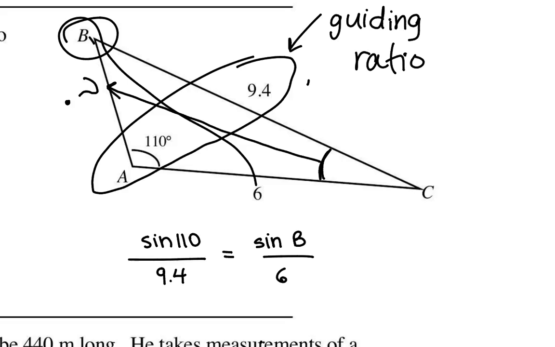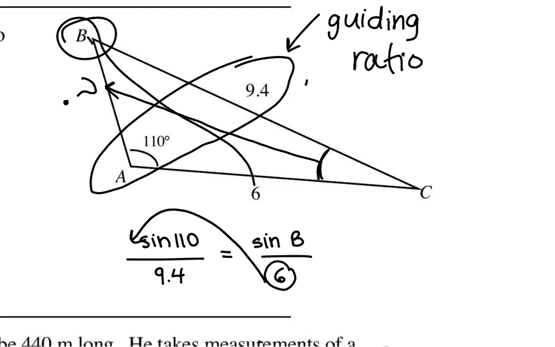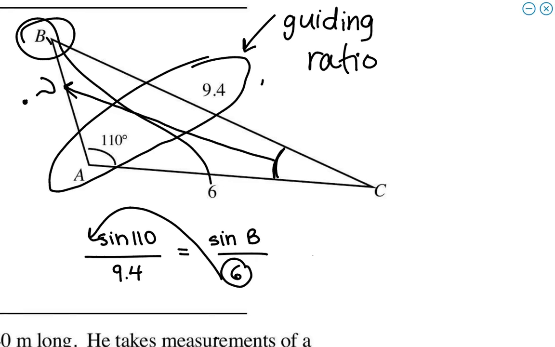I mean, you could, but this is a problem. Where does that 6 need to go if I'm trying to isolate for sine B? On the top. So then I would have 6 multiplied by sine 110 over 9.4 equals sine B.